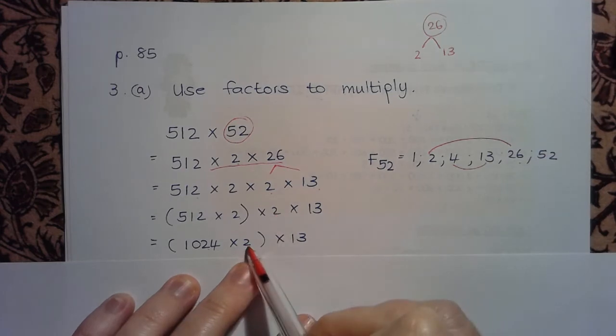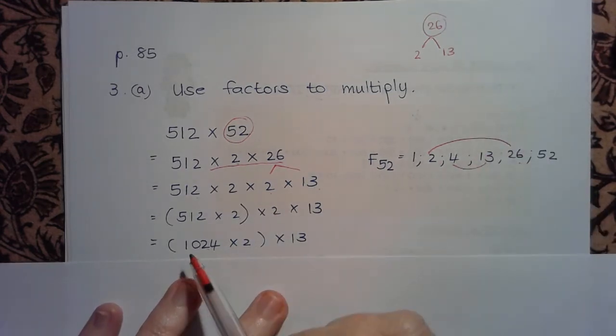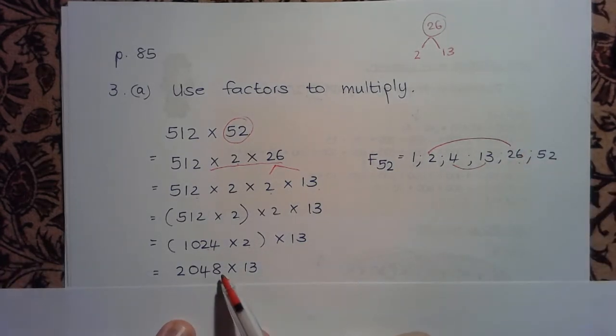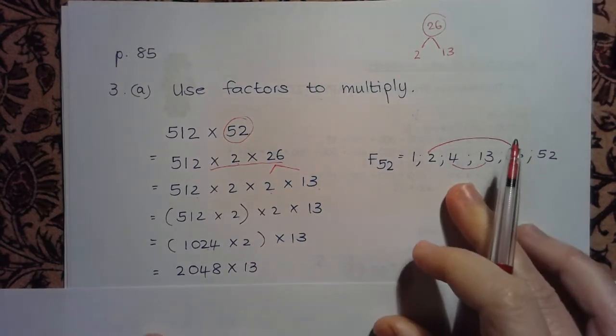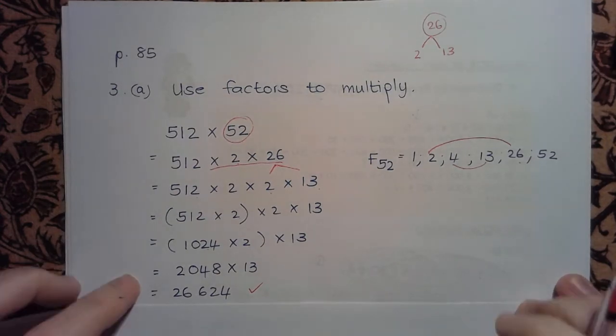Then I'm going to multiply with the second 2, and then multiply with the 13. So 1024 times 2 equals 2048. And then I must multiply with 13, and that equals 26,624. And then you can check this with your calculator to see whether you worked correctly.